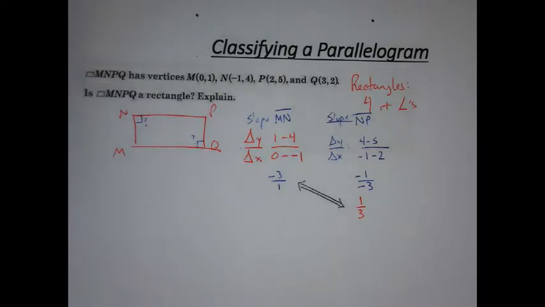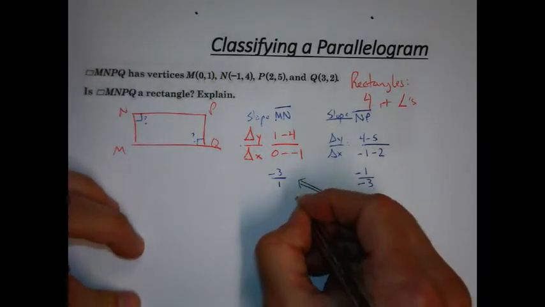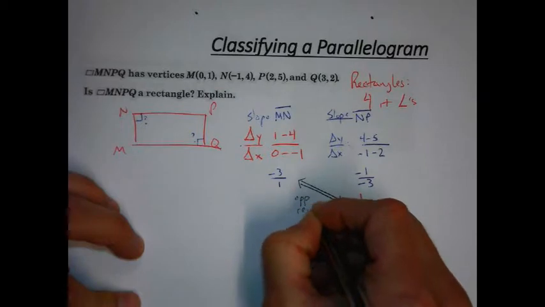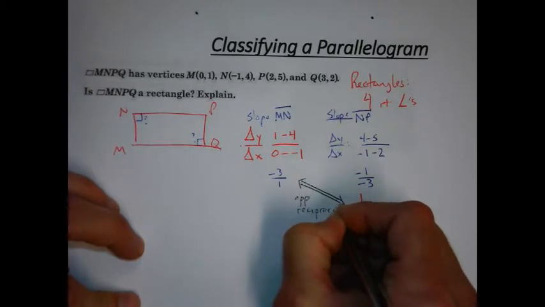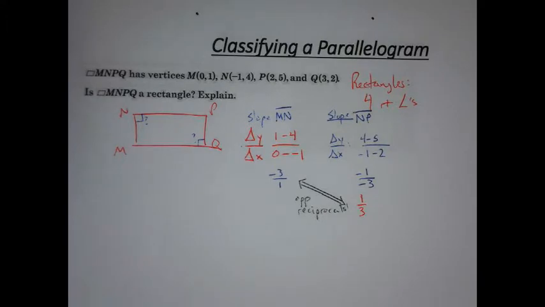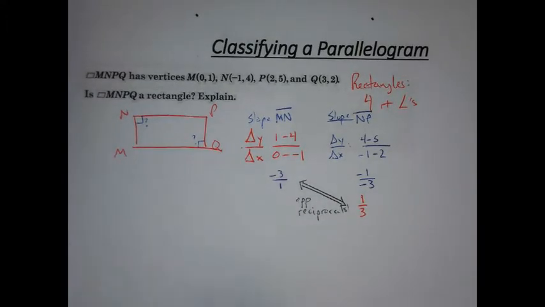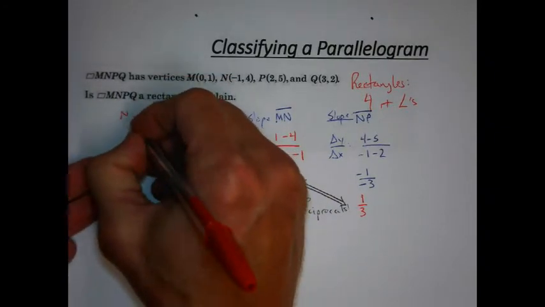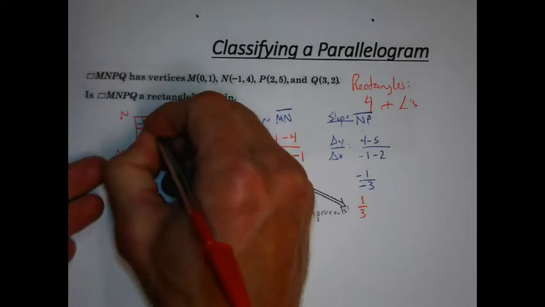So what does that mean? That means the two lines are perpendicular. That means we have a right angle. So yes, indeed, this is a right angle.